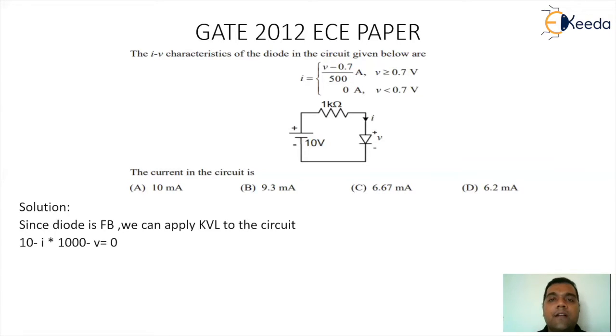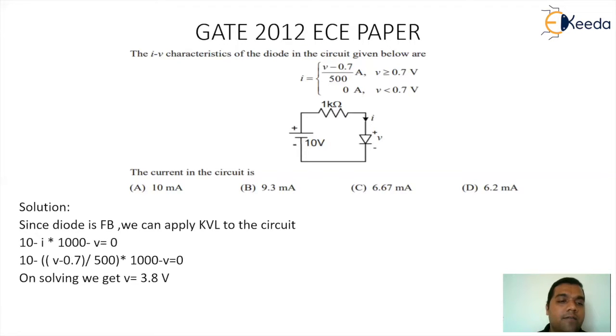We have the value of I given by the equation (V minus 0.7)/500. So we can substitute the value of I by its equation value, and on solving you will get the value of V as 3.8 volt.